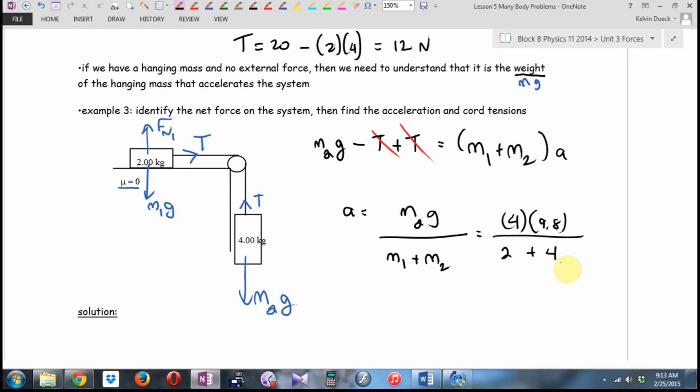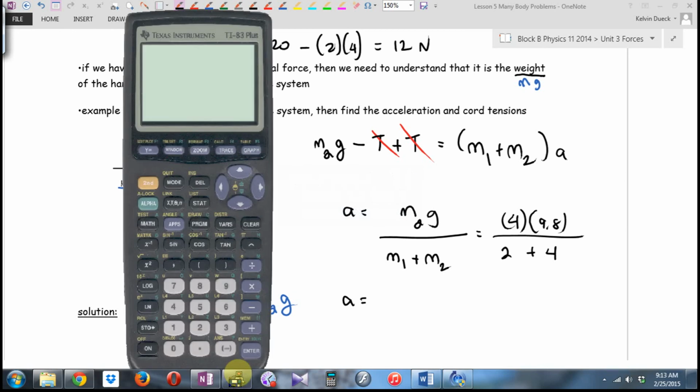What's the acceleration? 4 over 6 is 2 over 3, so it's going to be 9.8 times 2, which is 19.6, divided by 3. It's going to be 6.7 something? 6.5 even? No, 6.53. 6.53 repeating. Yeah. Ah, I was off.